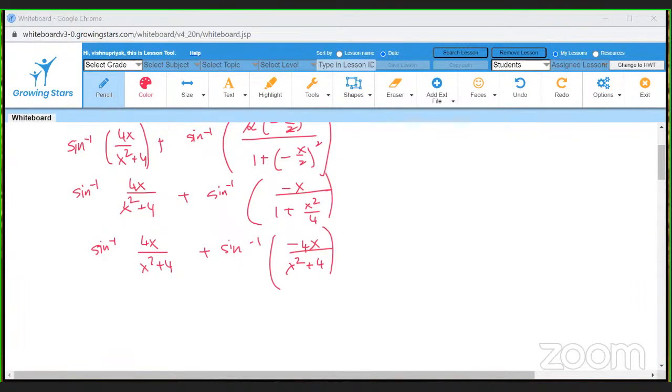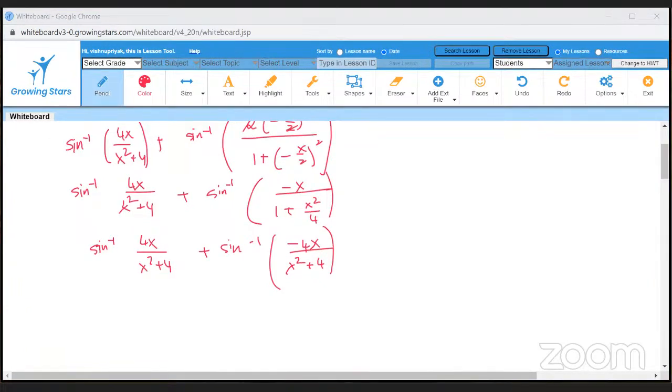So how can you write this? Sine inverse of minus x. What is the formula I gave you in the beginning in the properties? I gave you many properties. In that I gave you sine inverse of minus x as minus sine inverse x.